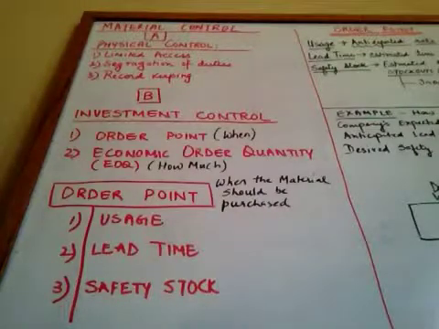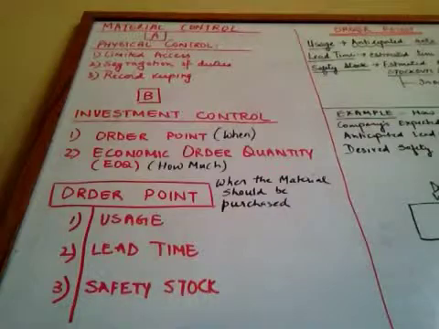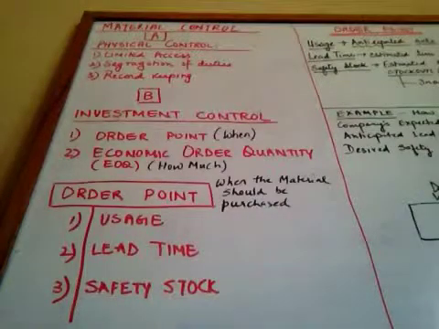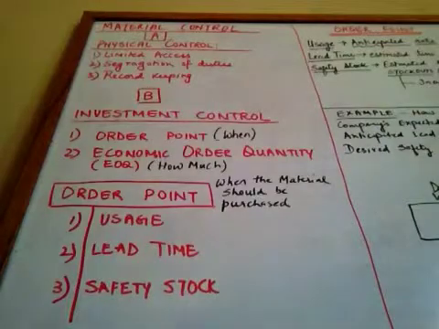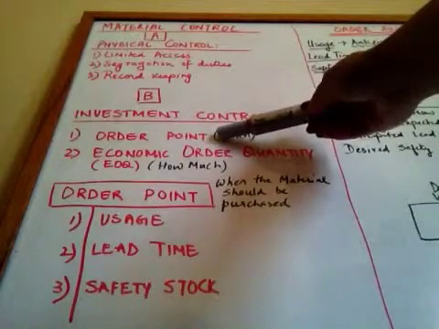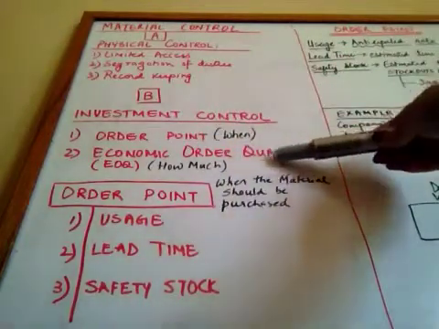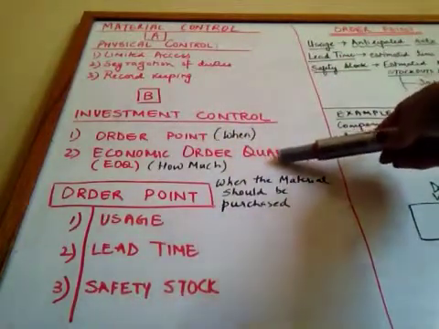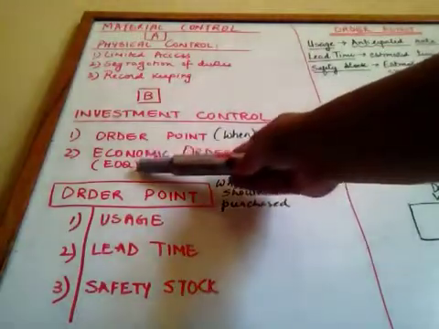Planning and control of the material investments requires the following 2 points to be kept in mind. One is called order point, the other is called economic order quantity, which is EOQ.